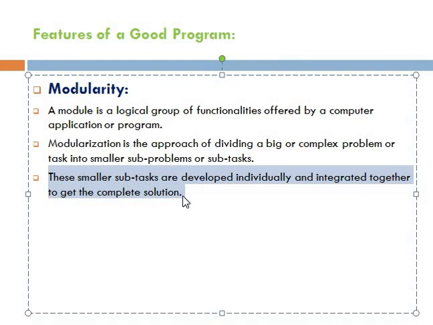So each of these modules has to be developed individually and then they should be integrated together to get the complete solution of the railway reservation system. So that's a perfect example of how modularity works in a system.